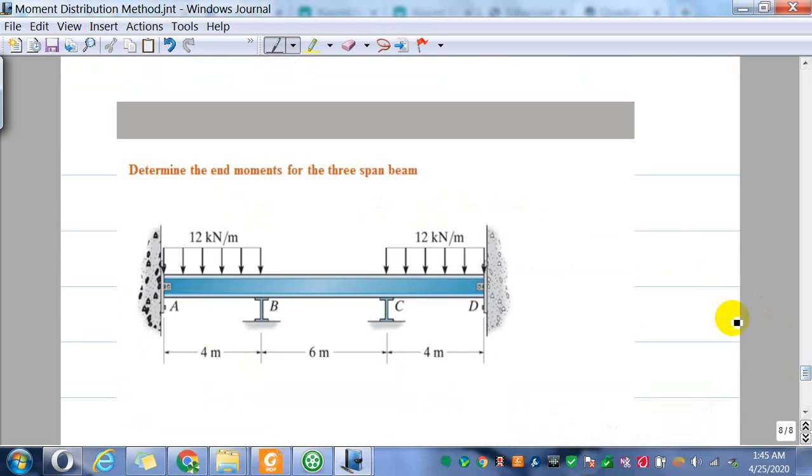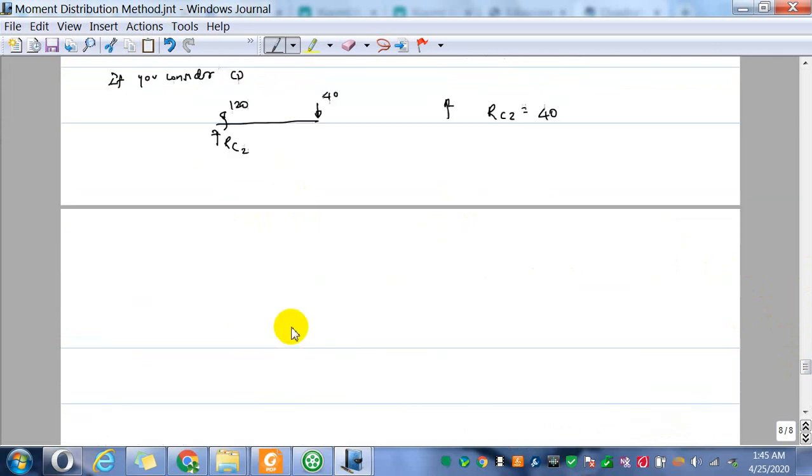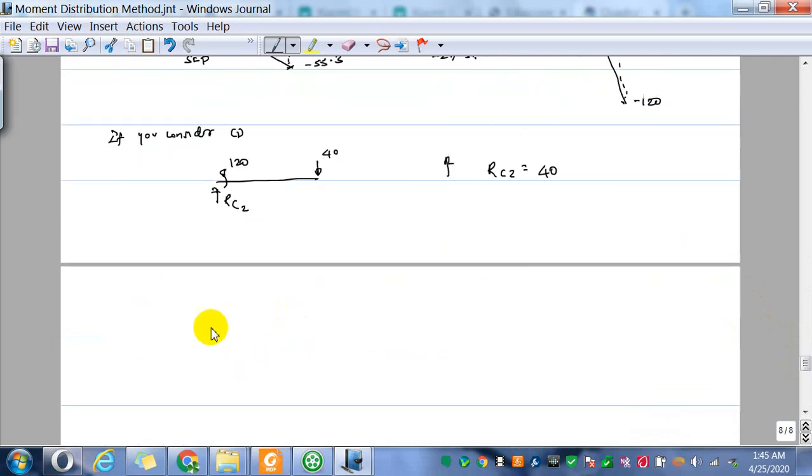Let me further push this down. If I plot the shear force diagram for this, it is 40 here, and then it's constant because there is no load between. That is the shear force diagram.